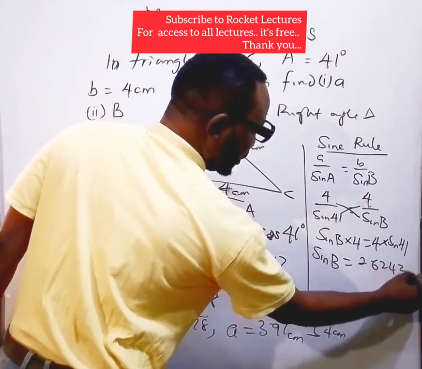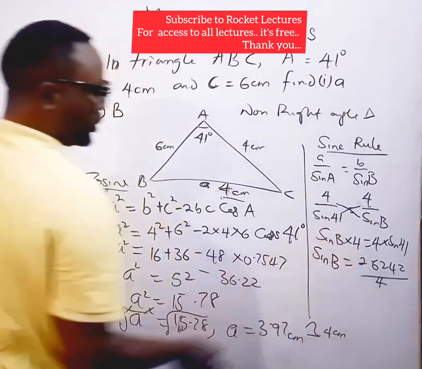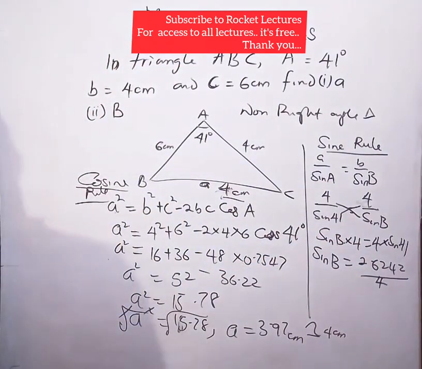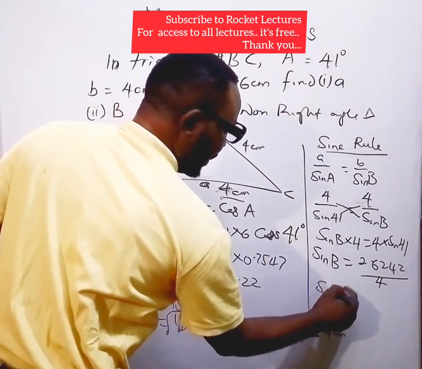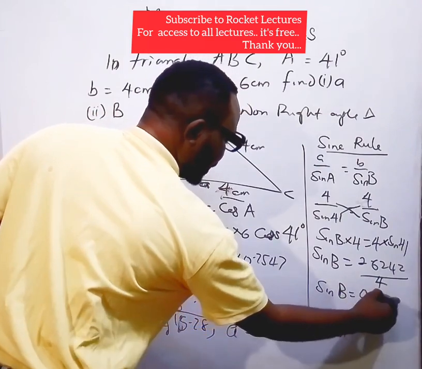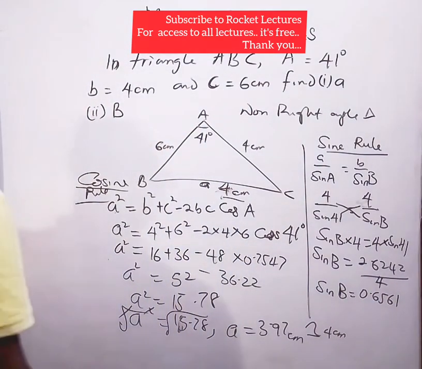We have to make sine B the subject of the formula, so we divide by 4. Sine B is equal to 0.6561.